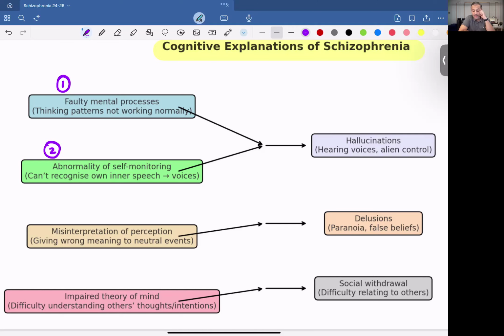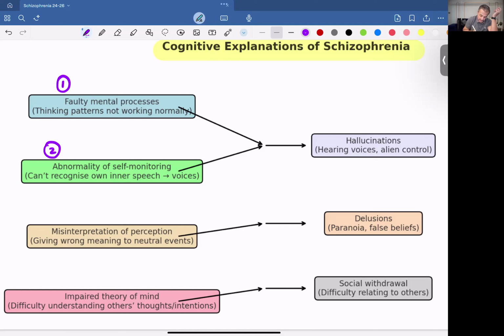And they might end up believing, perceiving, interpreting it as an external voice, an example of which could be auditory hallucinations, when you're hearing voices, or alien control, when you feel like there's an external force that is controlling your behavior, which again is a symptom of schizophrenia.